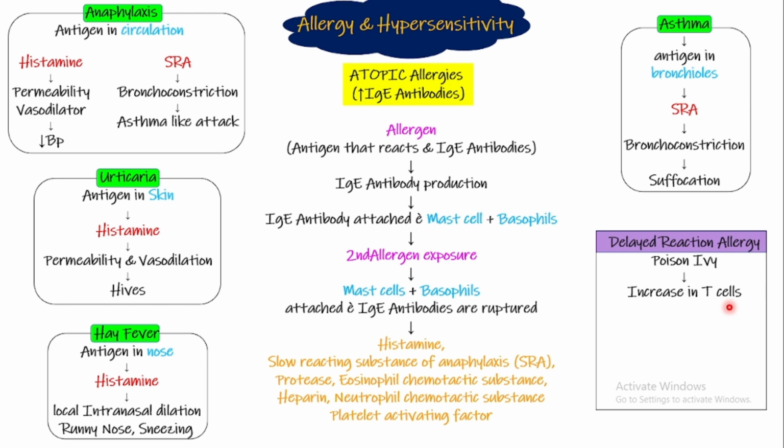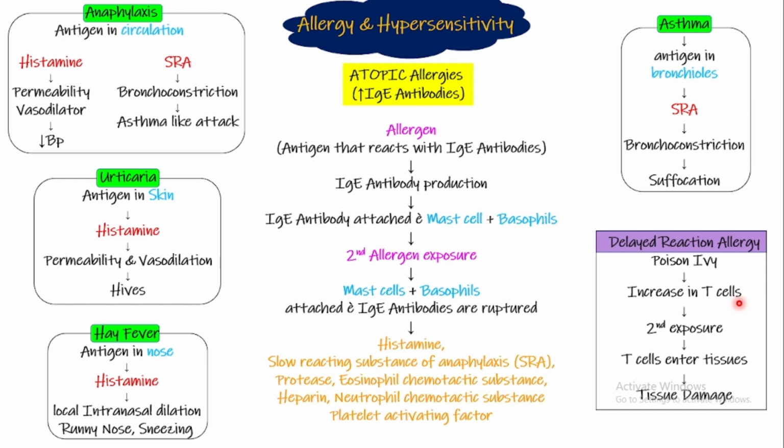Now, on the second exposure with the same poison ivy, those T cells which were produced on the first exposure will just enter into the tissues. And as told previously in the lecture on the types of T lymphocytes, the T cells also damage the tissue where they are being activated.